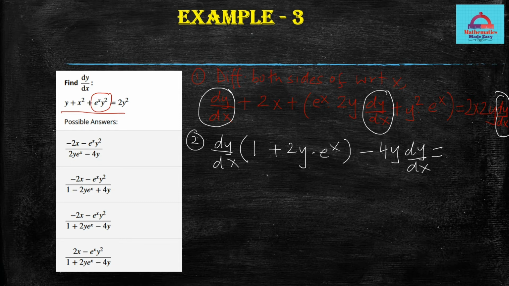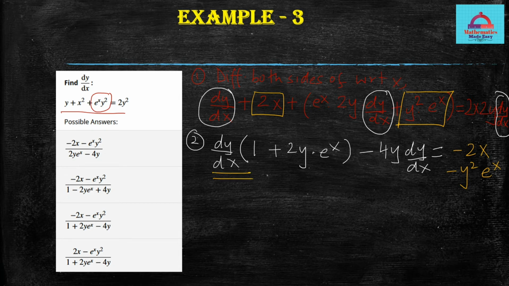Everything else we're taking on the other side. So if I just remove the dy by dx terms, I'm left with 2x and this term. We are taking both of the terms on the other side, so the sign changes. It's negative 2x and negative y square e to the power x.